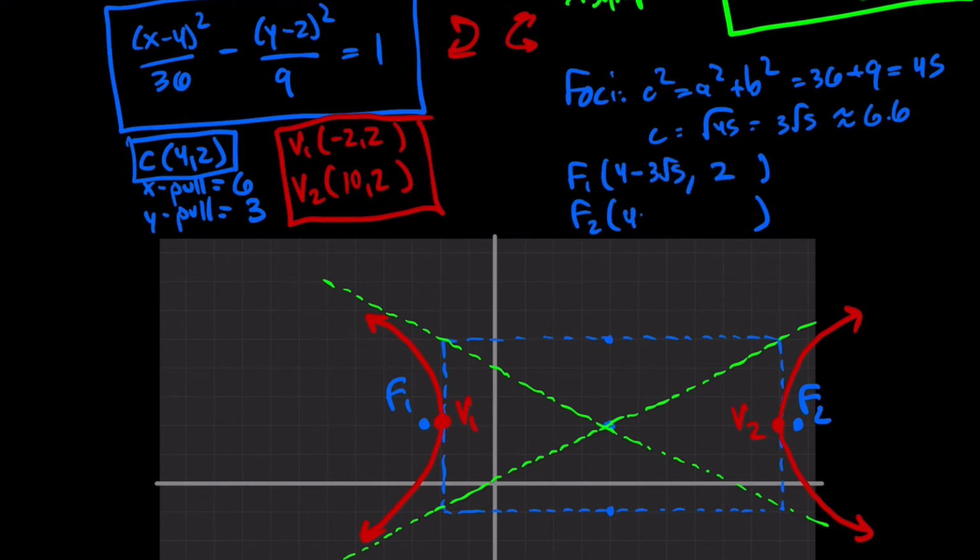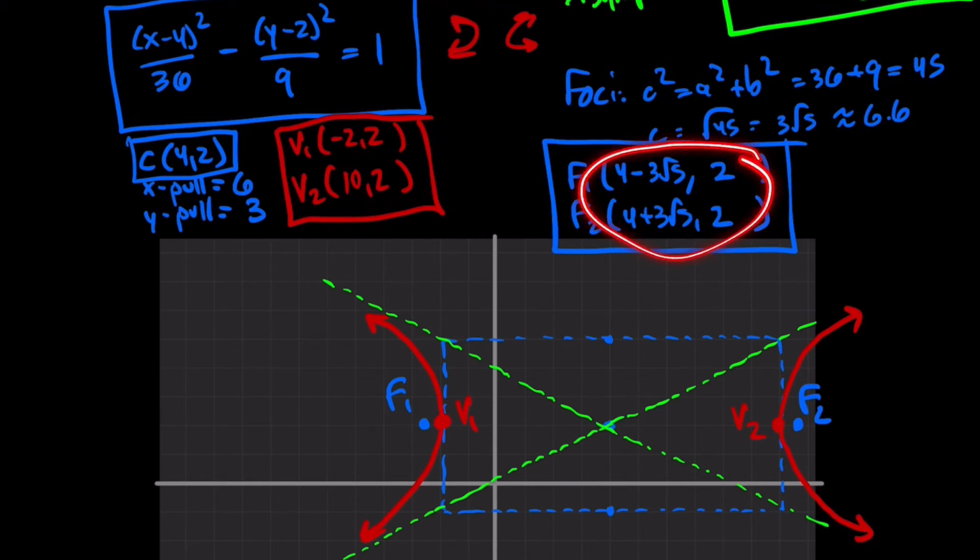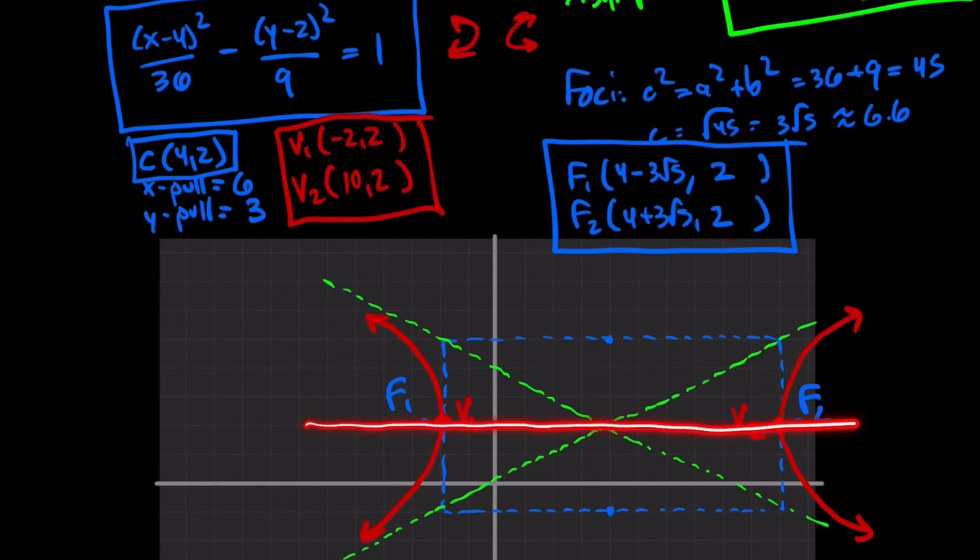And this one would be 4 plus 3 radical 5, comma 2. And remember, when we're done, the foci and the vertices should have the same y value. Why is that? Because they're on the same horizontal. Remember, the foci and the vertices always reside on that major axis.